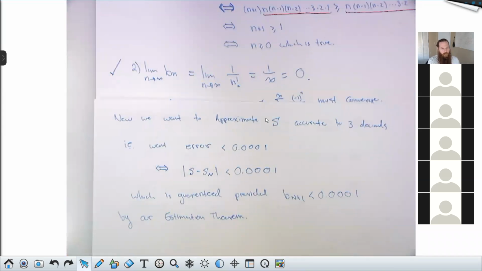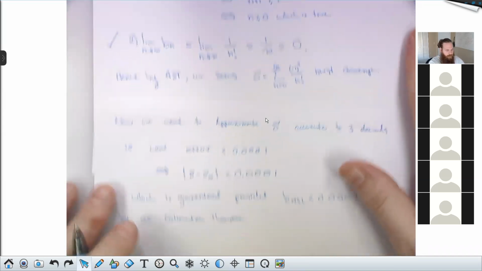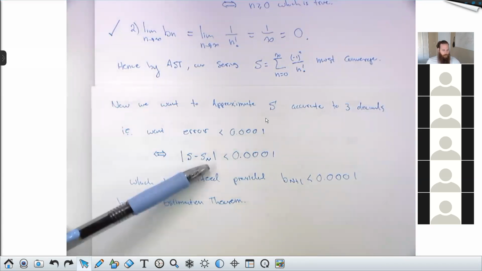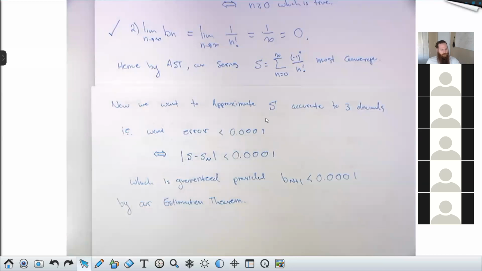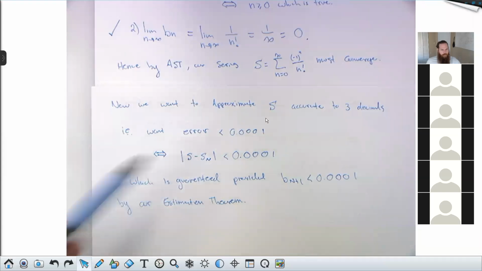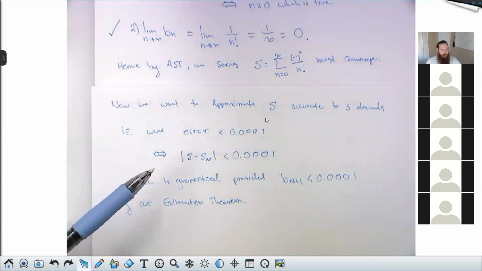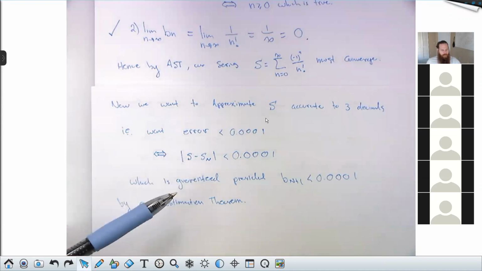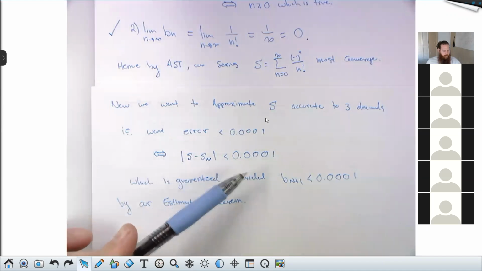So the wording here you want to pay careful attention to. It's a little bit subtle. Remember, the absolute value of S minus Sn is the distance from the nth partial sum to the full series. So that is your error. We want that error to be less than 0.0001, then that's the same as saying we want absolute value of S minus Sn less than 0.0001.